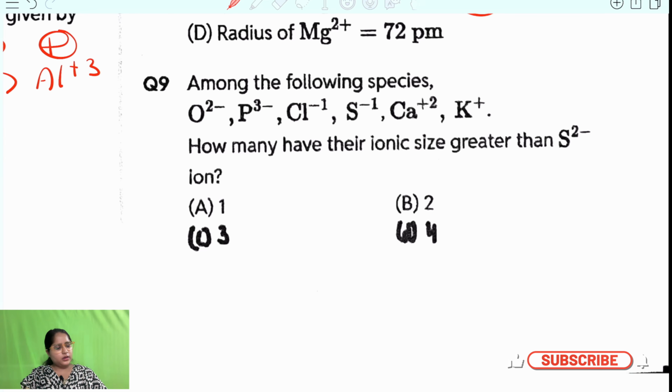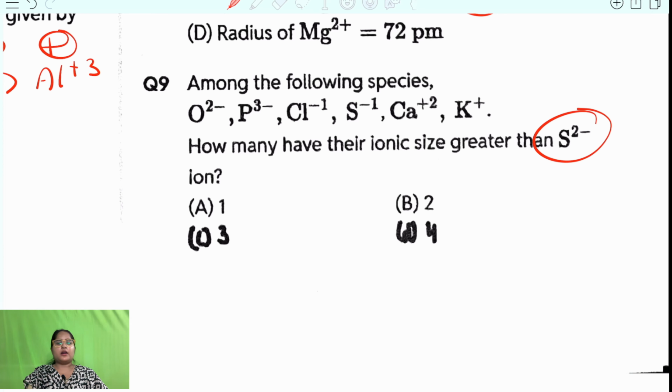Among the following species O minus 2, P minus 3, Cl minus, S minus, Ca plus 2, K plus, how many have their ionic size greater than S minus 2? For S minus 2 to be smaller, the others must have more negative charge, and if they have equal negative charge, then it should be further down the group. Okay. Let us see here.